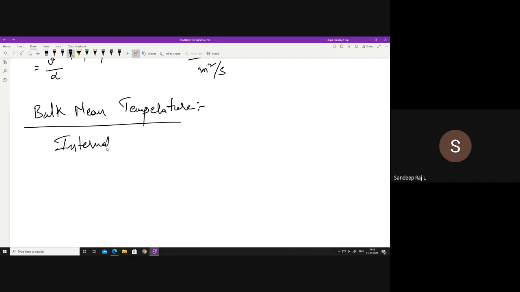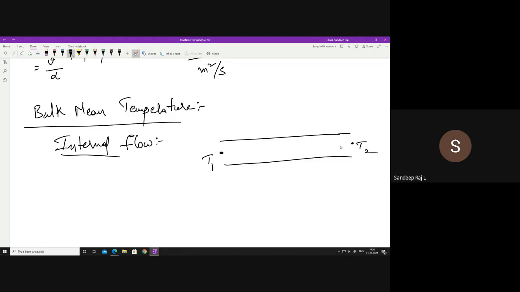When it comes to internal flow, you will make use of this concept very extensively. So a fluid is flowing in a tube like this. It is entering here with a temperature of T1 and leaving here with a temperature of T2. And I want to get the average temperature of this fluid.